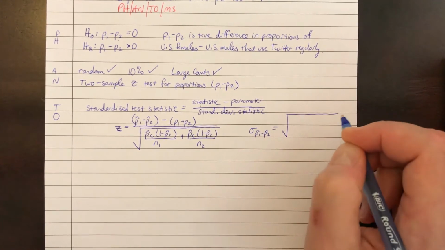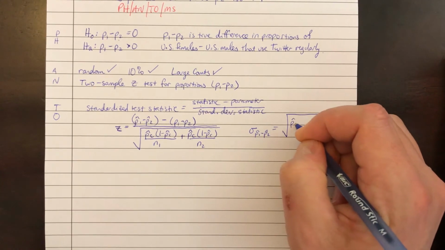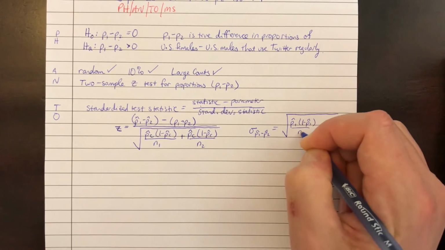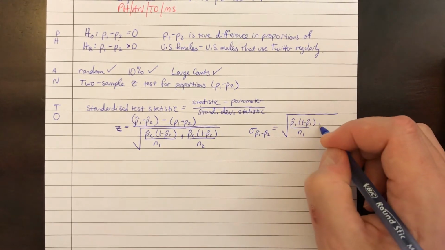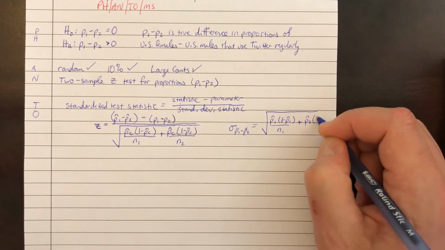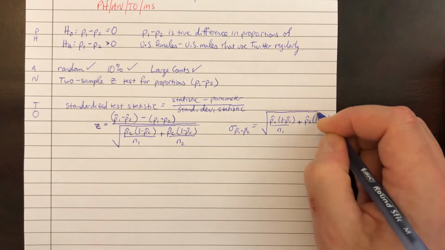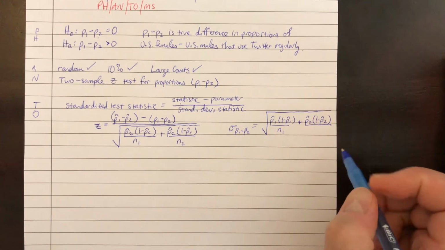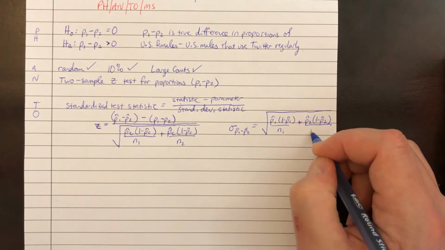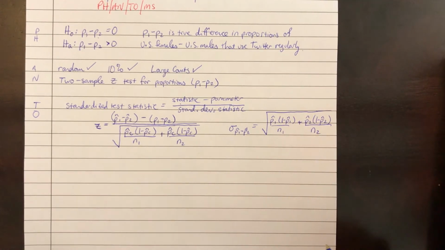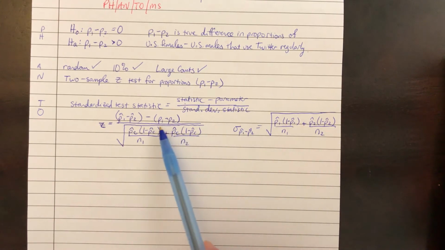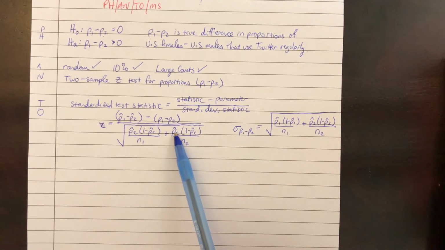And that was the square root, where we took the sample proportion for the women times 1 minus that, divided by the sample size for the women, plus the proportion for the males times 1 minus their proportion, divided by the sample size of the males. Now you'll notice that this is not the same as what we have here in this formula.